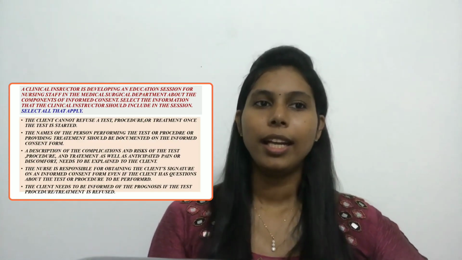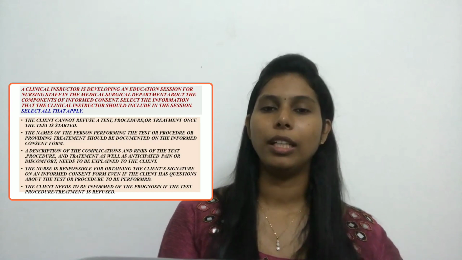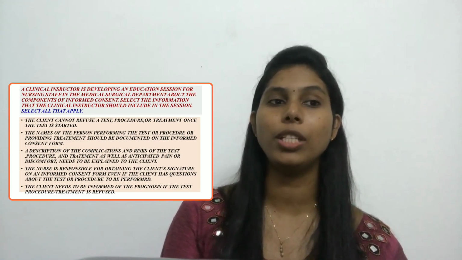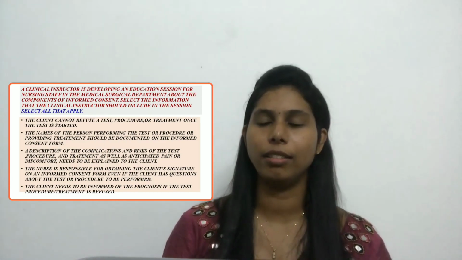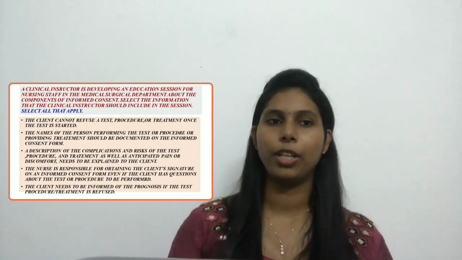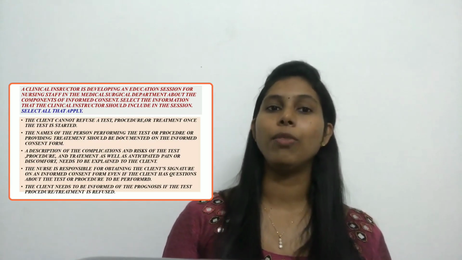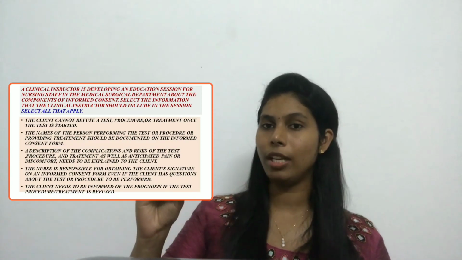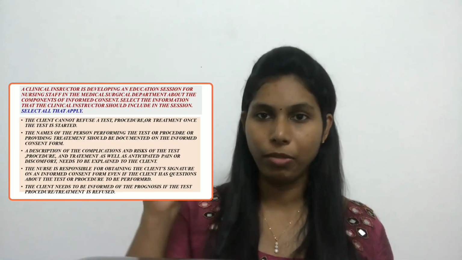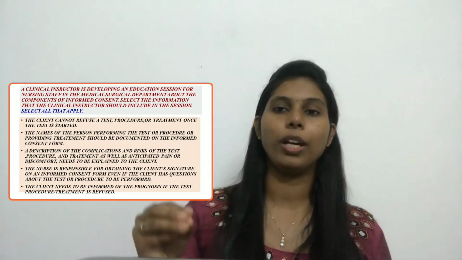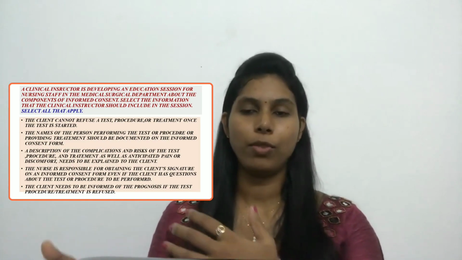We'll see. The client needs to be informed of the prognosis if he or she refuses, if the procedure is not done. In certain situations, the client may say, I am not okay to undergo this particular procedure, I don't want it. In that situation, the client needs to be informed of the prognosis, which means: if you don't undergo this procedure, this is the treatment the doctor would recommend for you, and you might develop some other complications.